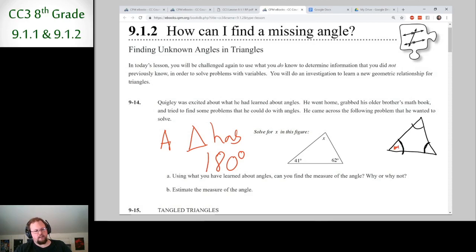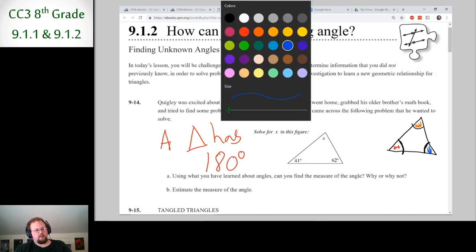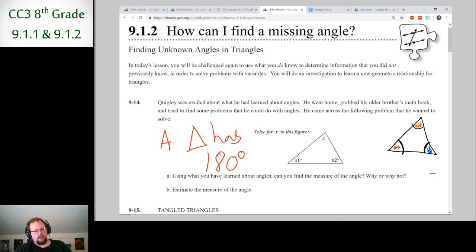So if you cut a section off here, color it in, cut a section off there, color it in something else, cut a section off there, what you're going to be able to do no matter what your triangle started off looking like is to piece those three pieces together, and it will make a perfect semicircle every single time. So try it. It's really simple, it's very useful, but the idea is if a triangle makes 180 degrees, 41 plus 62 plus x makes 180 degrees, and then you solve it.